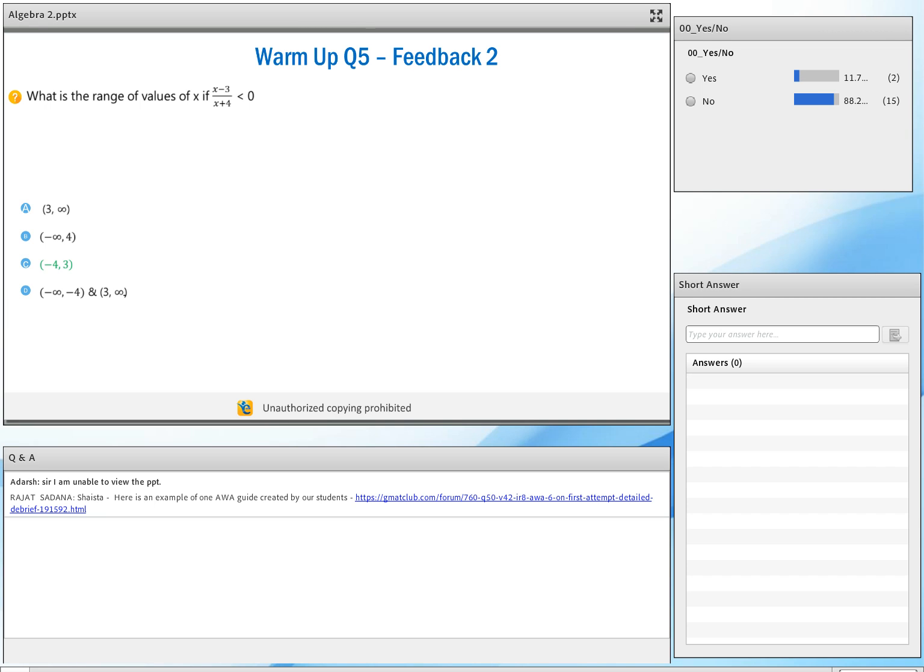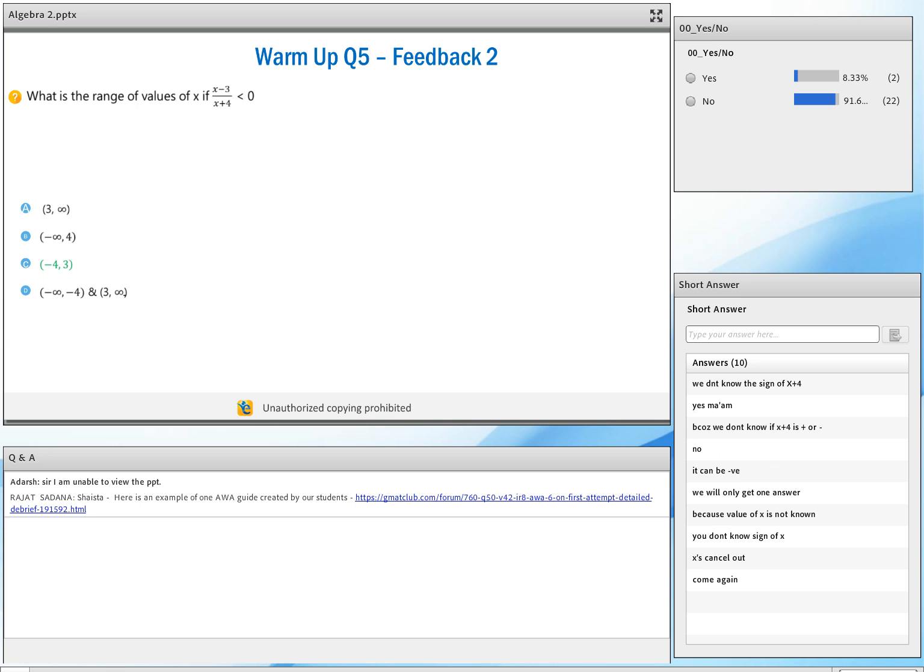Why would that not be correct? Tell me, why would that not be correct? Okay, yes, because we don't know if x plus 4 is positive or negative.